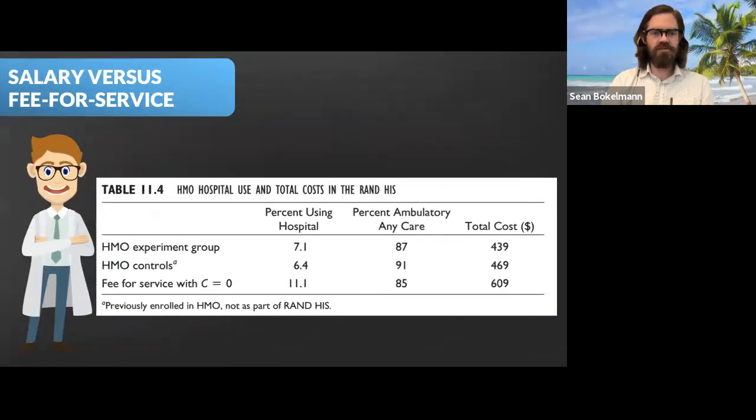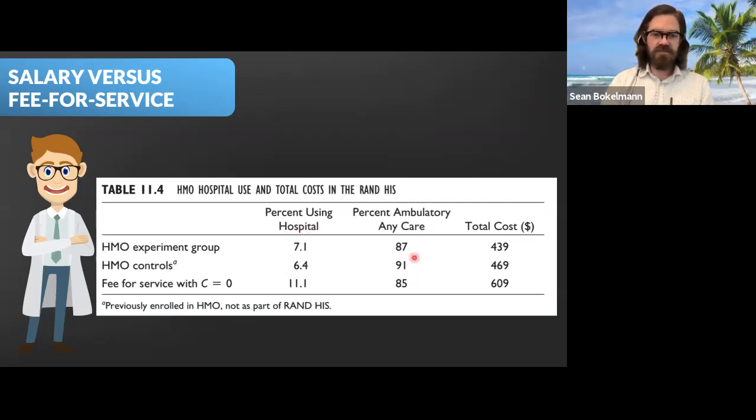So table 11.4 gives us a summary of some of these findings. Here's the HMO experimental group, the HMO control. This was the group of people that self-selected the HMO. They weren't part of the study. And then, of course, compared with the full coverage group within the RAND study. We can see that, sure enough, the HMOs use fewer resources, and most of the reduction in cost is coming from hospitalization.